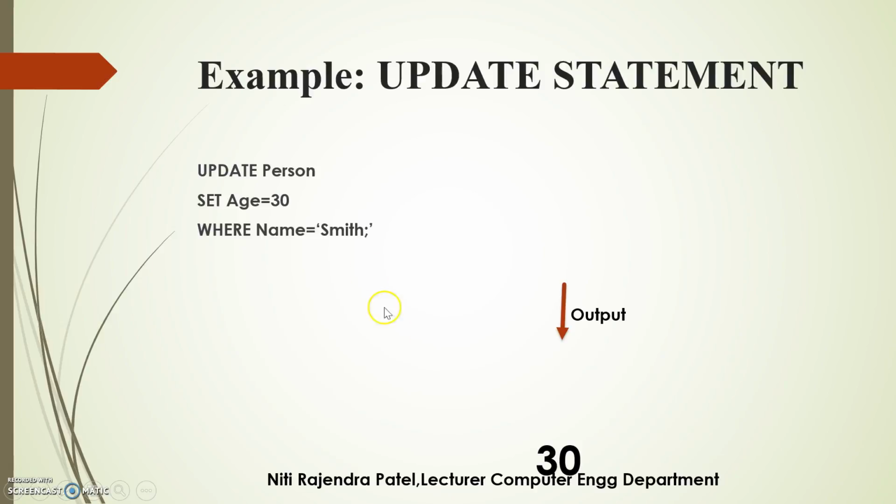Consider an example where a person table needs to be updated, for which we write a query as update person, set age equal to 30, where name is equal to Smith. The example here explains that the person table would be updated and the record Smith would be updated from the previous age to the age 30.